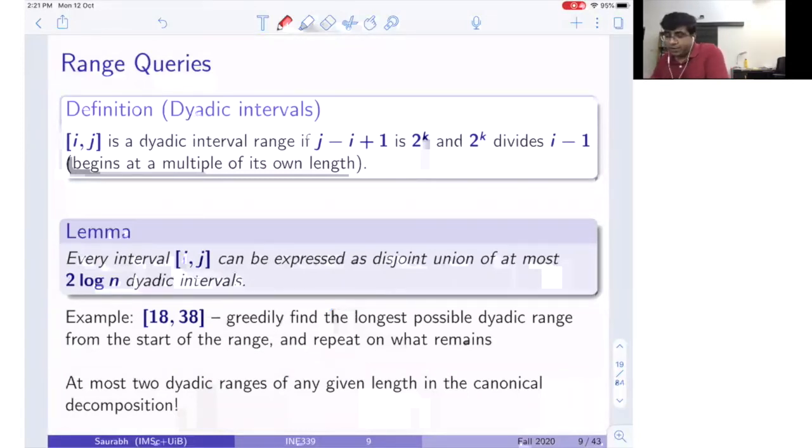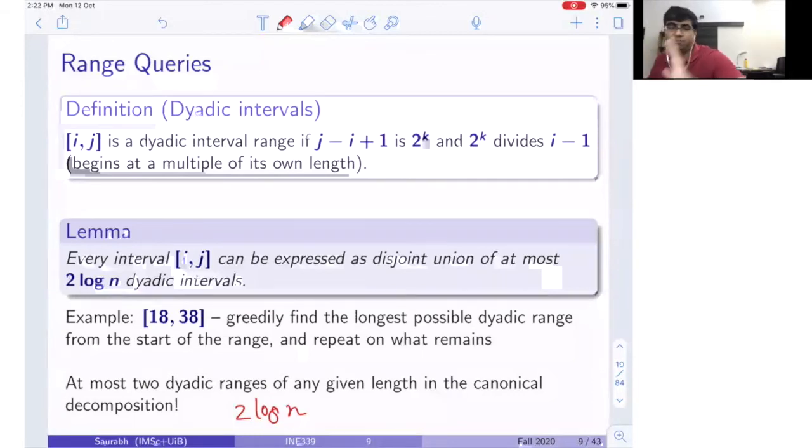If this is true, then you are done, because how many lengths have we created? Log n lengths, right? So if for any particular length you only have 2 intervals, then the total number of things you will need is at most 2 log n. Am I right? Okay, so now let's prove this formally.